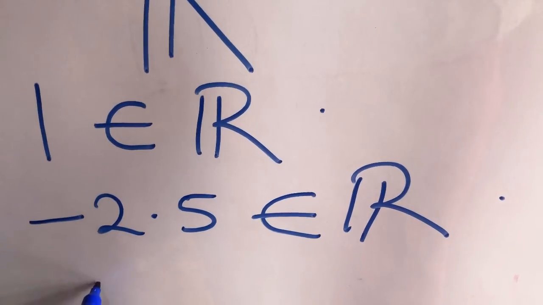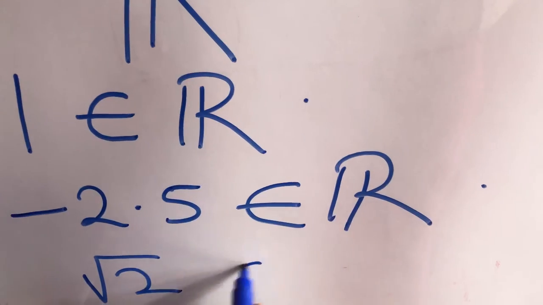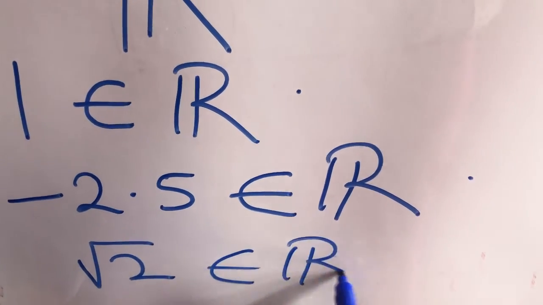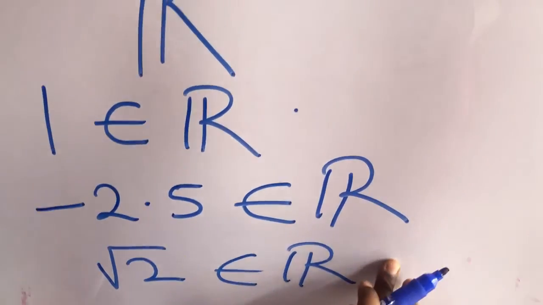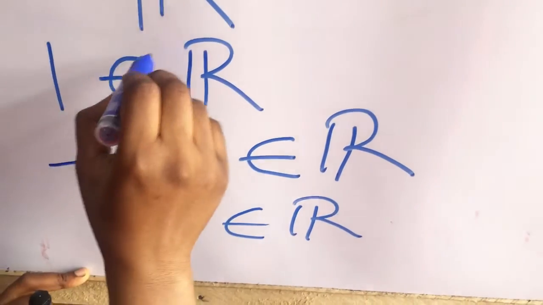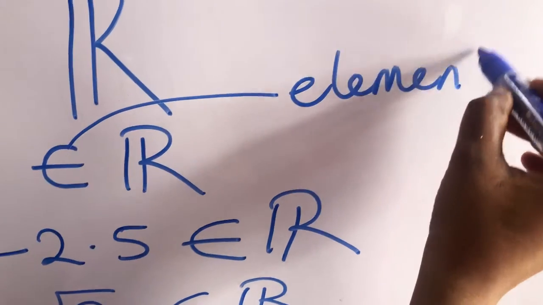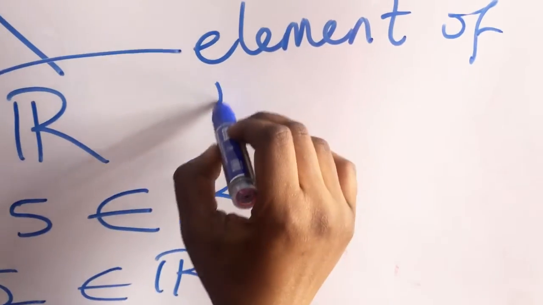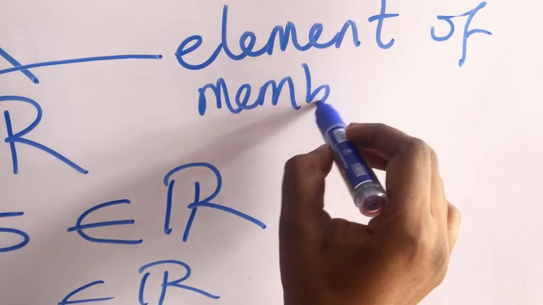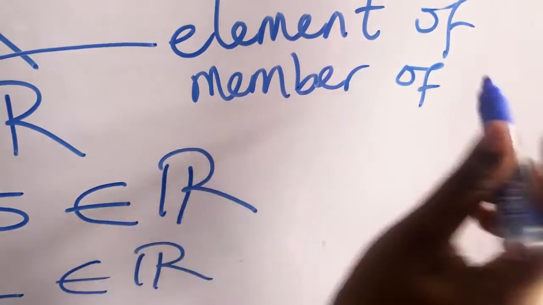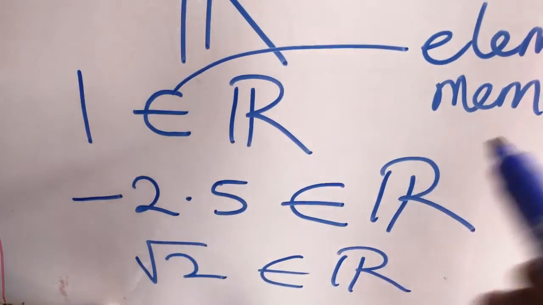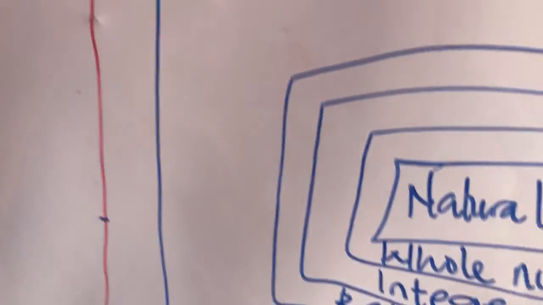You can just say that square root of 2 belongs to real numbers. This symbol means elements of or member of, so all it means is belongs to. So that is that about real numbers.